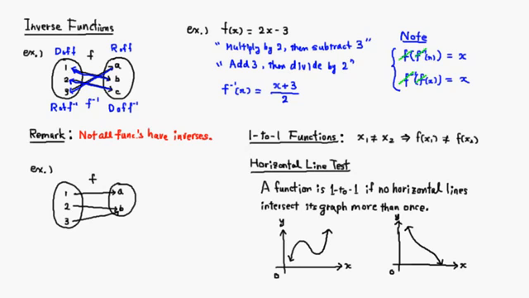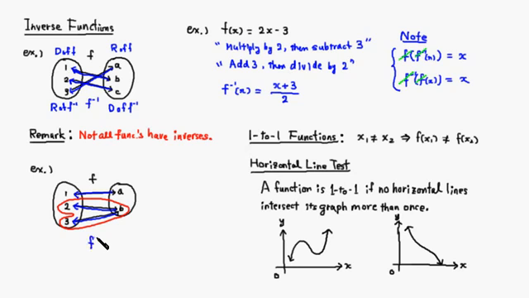Let's try to reverse the direction of the arrows. So A goes back to 1, B back to 2, and B also back to 3. What's wrong with this? You can see that B is mapped to 2 and 3 at the same time. So B is a troublemaker, which violates the definition of a function.